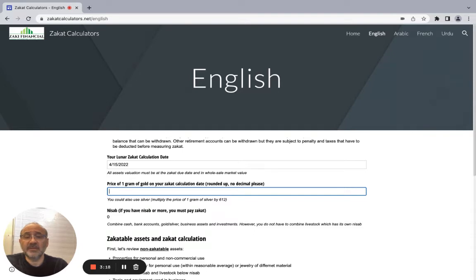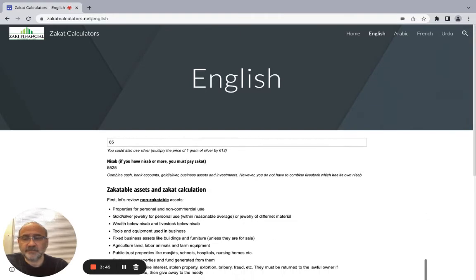If your assets are less than the gold threshold and you still want to pay zakat, then use the silver one. And Allah subhanahu wa ta'ala will reward you more, of course. So let's say here the price of gold now is 65, for example. And that will give you a nisab of 5,525. Of course, you can choose the currency of your choice. I'm using dollars here.